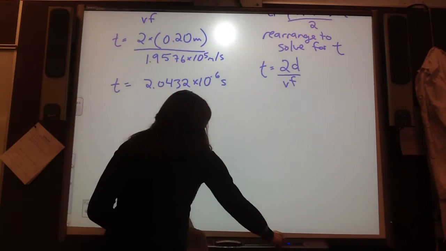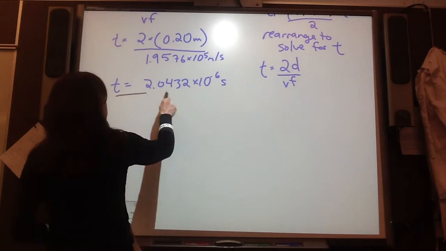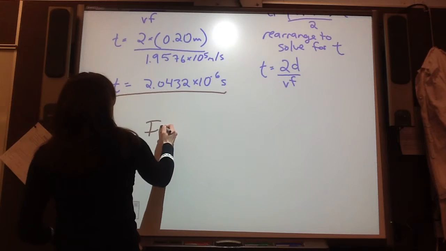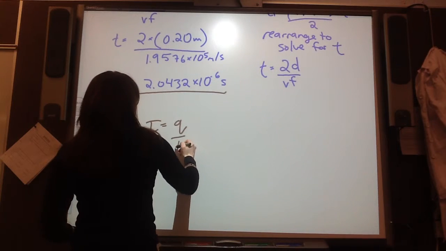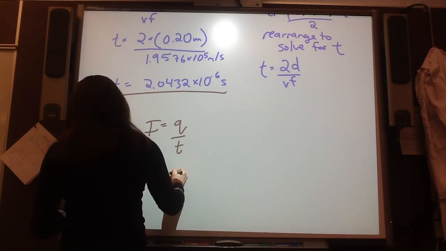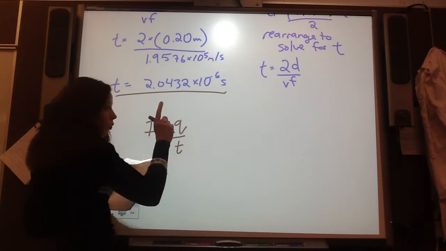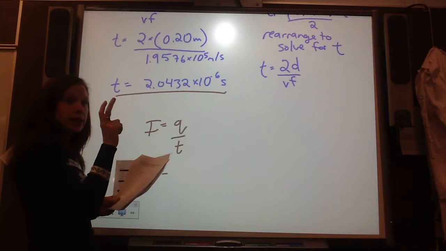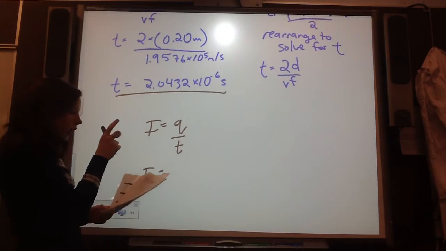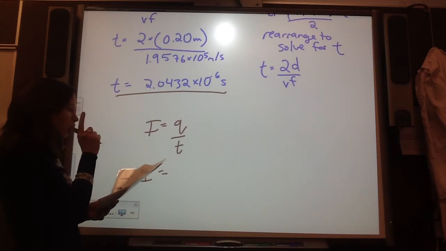Now we can use this in our I equals Q over t formula. We're just dealing with one proton, because that's our total charge. I make sure I look at my question, and it says just a proton.